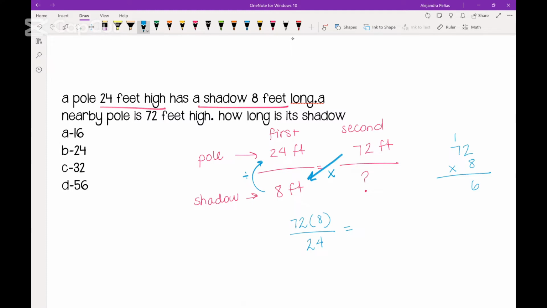Sorry, I don't know what I'm saying anymore, guys. What am I doing? 72 times 8. Okay. 2 times 8 is 16. 7 times 8 is 56 plus 1 is 57. Okay.